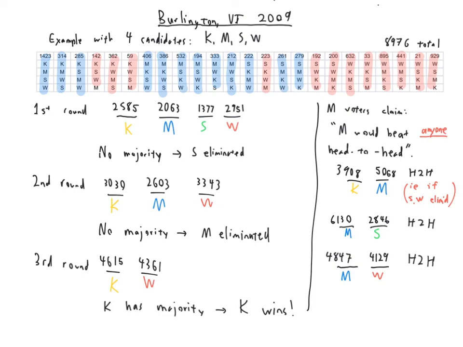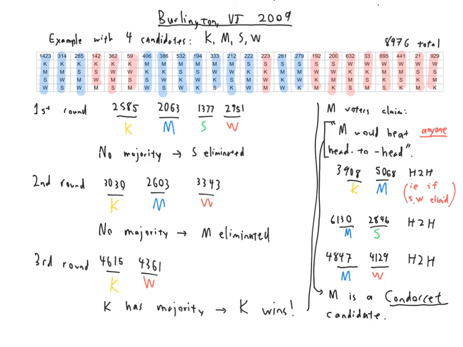So when there's a candidate who would beat any of the other candidates head-to-head, we call that candidate a Condorcet candidate. Condorcet was a voting theorist, economist, political scientist who studied voting theory and came up with this idea of a candidate who beats anyone head-to-head, and yet still with some of these classic voting systems like instant runoff, they might still not end up being the winner.